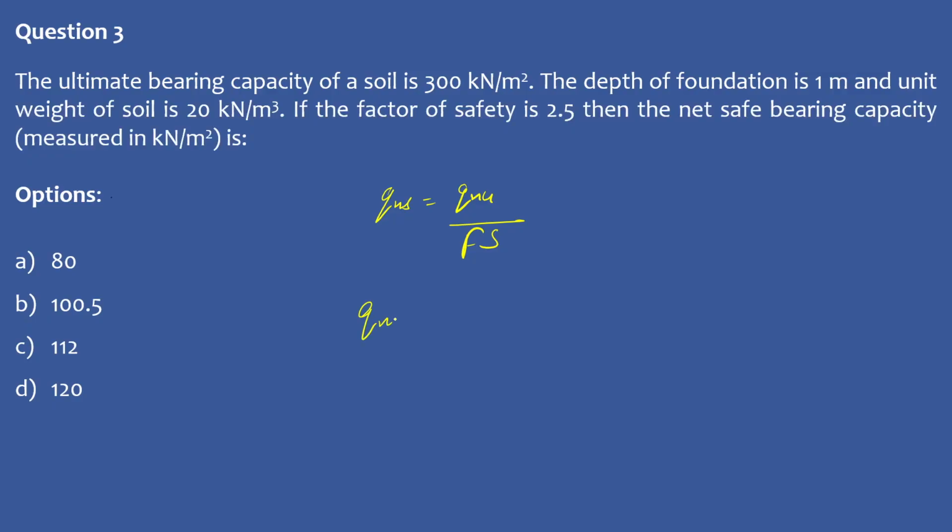So how to calculate the QNU? It's none other than your QU minus gamma Df. Your QU is 300 minus gamma Df. The depth of the foundation is 1, gamma is 20 kilonewton per meter cube.